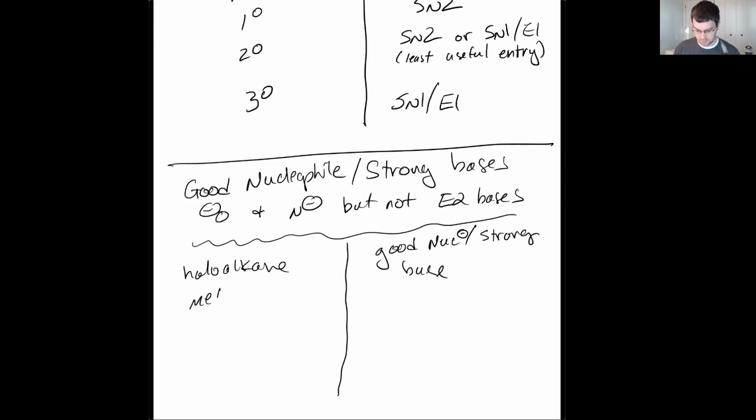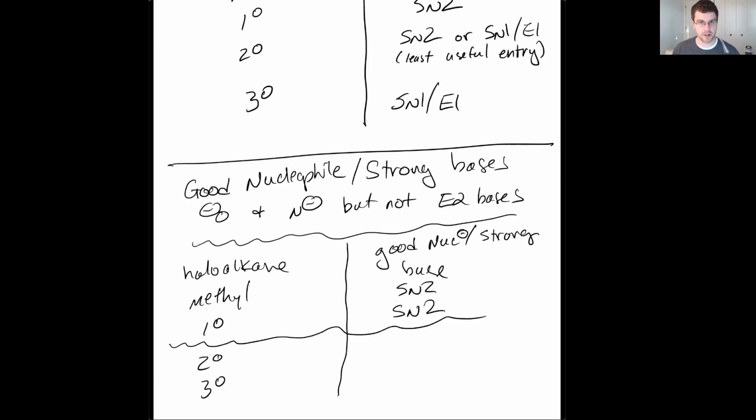If we have methyl or primary, we're going to see Sn2 reactions in both cases. However, if we go to secondary or tertiary, the added steric hindrance of the additional substituents is going to steer us towards E2 reactions. And E2 reactions are going to take over, even though we don't have E2 bases.